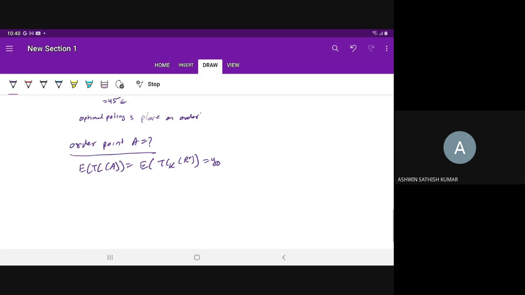So ETC A will be the, in this we have only the holding cost plus shortage cost. Here we have the procurement cost plus holding cost plus shortage cost. So ETC A will come: integral 0 to A of (A minus X) into fx into dx into C1, that is the holding cost.